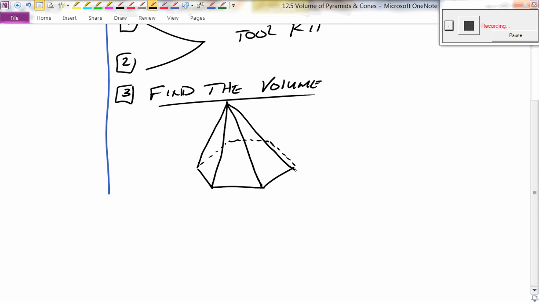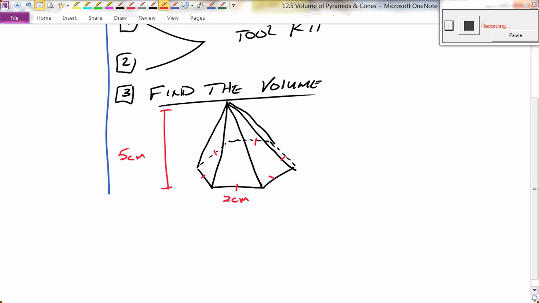A little bit skewed over there. Since it's a regular pyramid, every side of the base will be the same. And we're going to call that 2 centimeters. And we're given a height of 5 centimeters total.